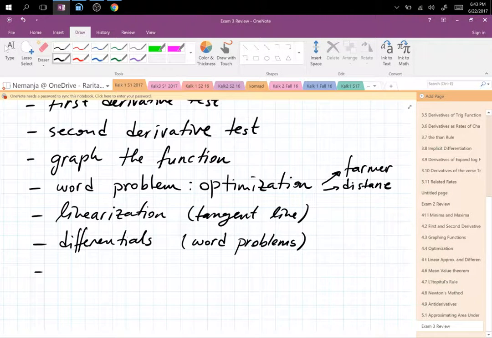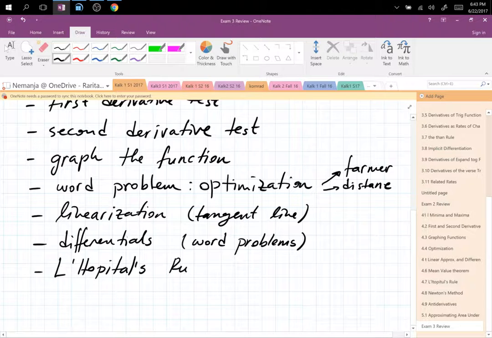We have L'Hopital's rule for derivatives. Then we have antiderivatives, which is integrals.